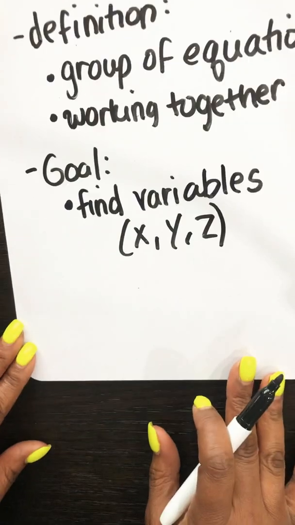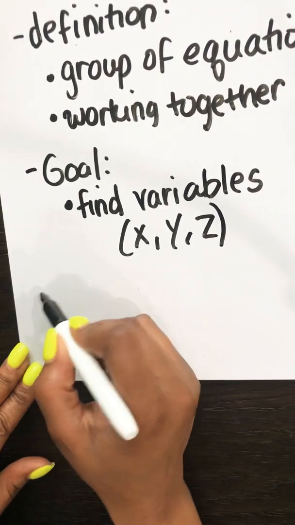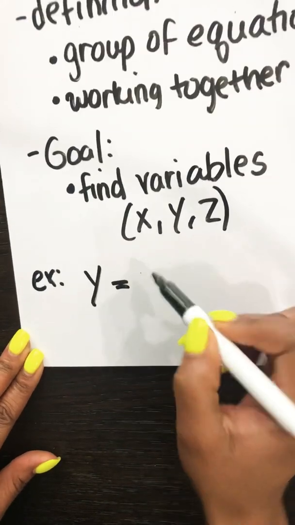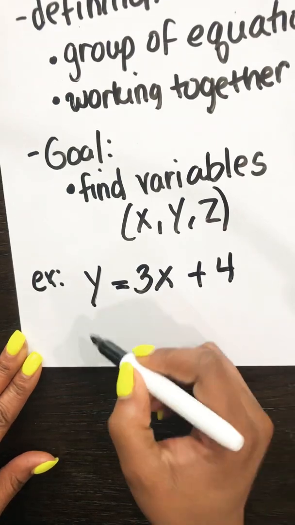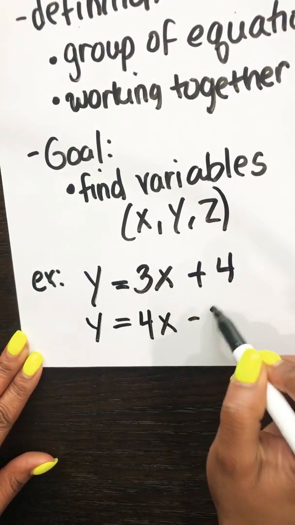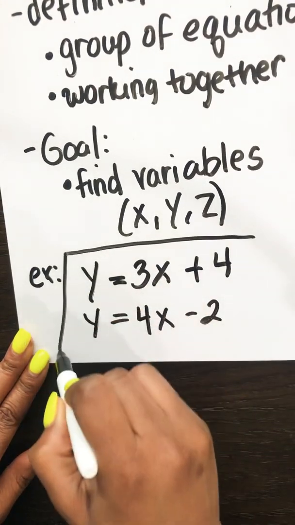An example of a system of equations is, let's say, y equals 3x plus 4, and then y equals 4x minus 2, okay? So here we have a system of equations.